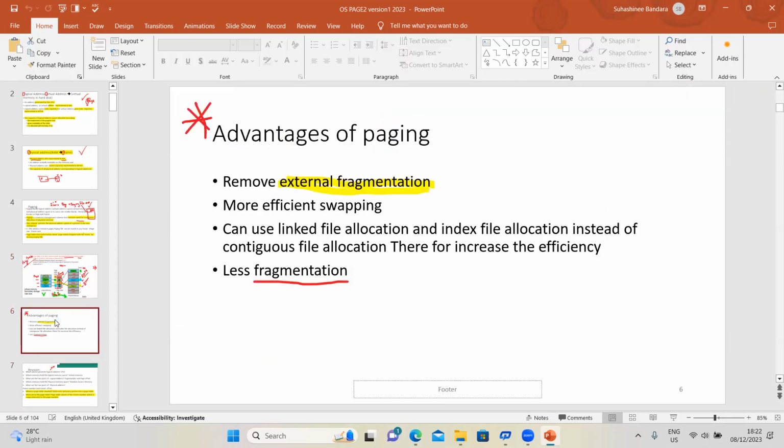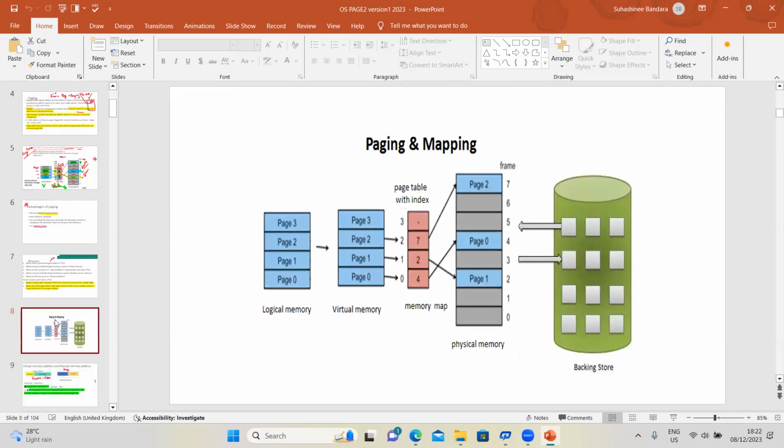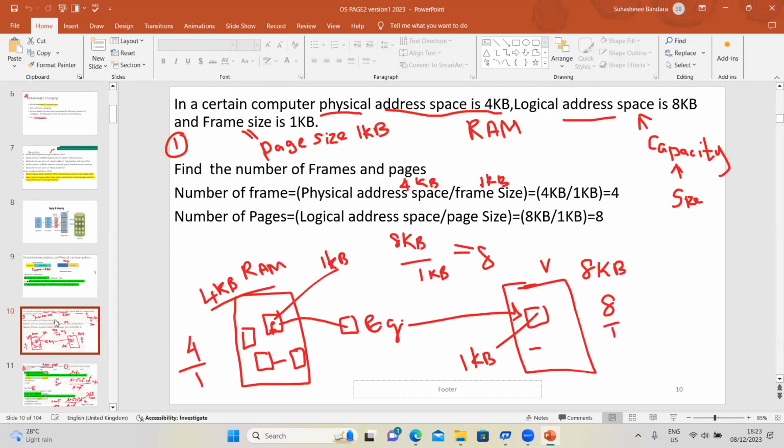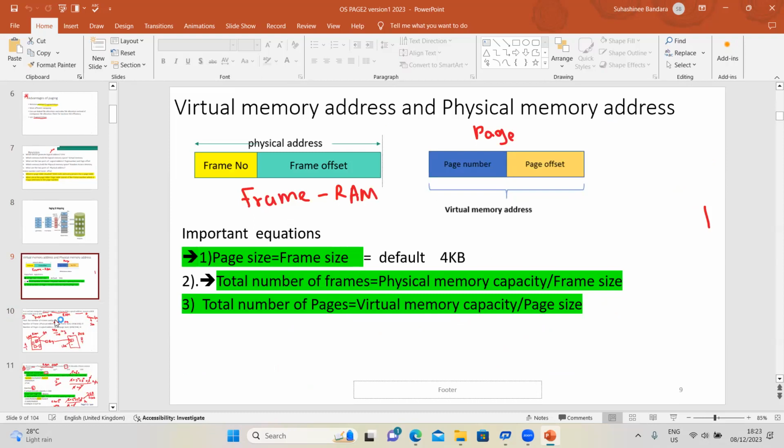So then we discuss the advantages of paging. Then we discuss the parts of the virtual memory and the physical memory. The physical address is divided into 2 sections, frame number and the frame offset. So frame size is equal to page size. Then the paging address, that means the virtual memory address, is also divided into 2, page number and the page offset.